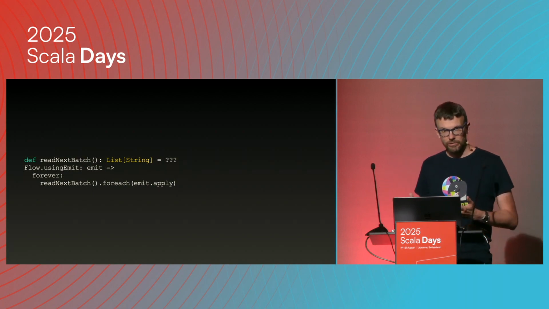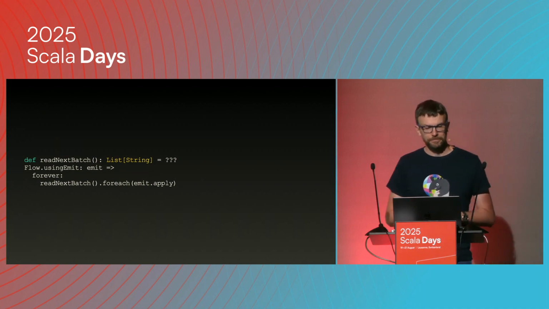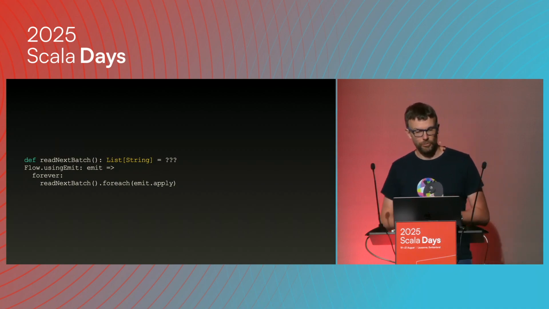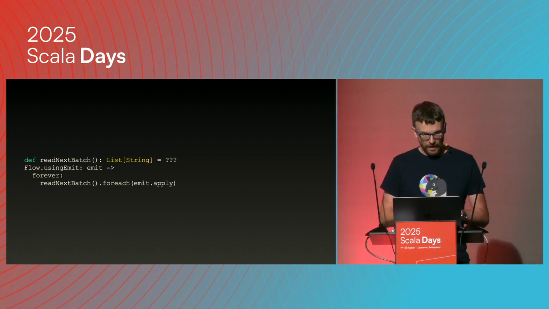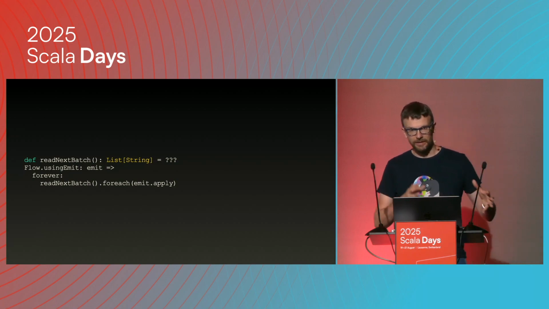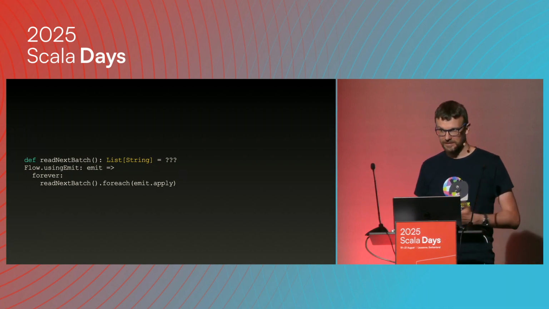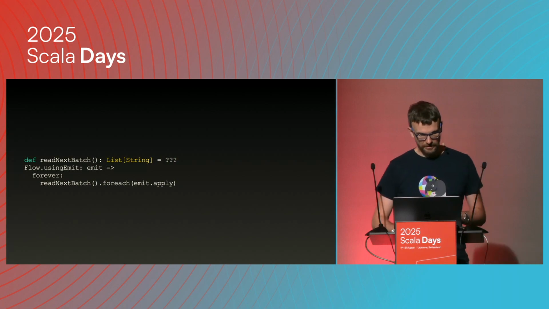If there's any error, you just throw an exception. It will nicely clean up the flow. So error handling is also quite trivial. So this solves one of the problems, I guess, in FS2 and in Akka streams, where creating custom stages in Akka, for example, is a very complex task. Here it's quite easy.